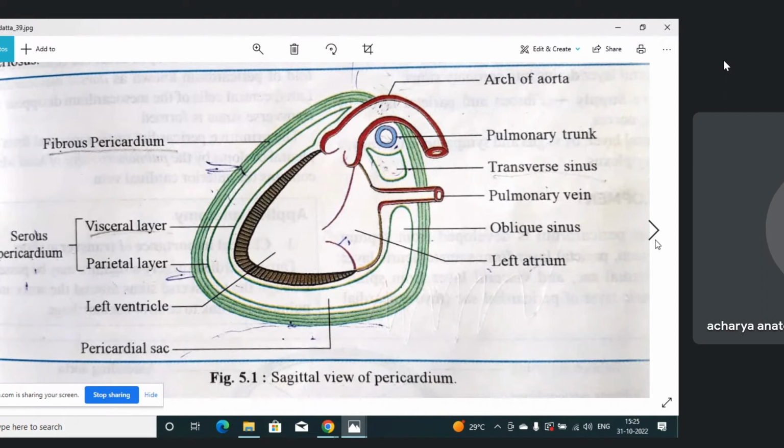Between these two layers, there is the presence of a space. That space is nothing but the sac. That sac we call the pericardial sac. In the pericardial sac, there is the presence of pericardial fluid.